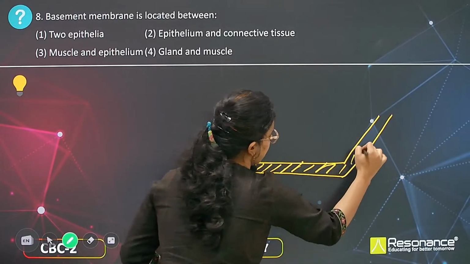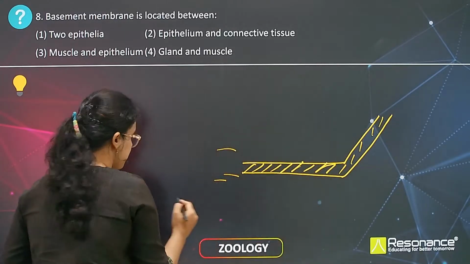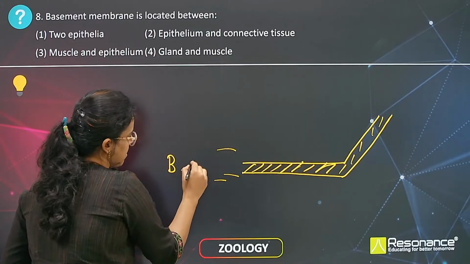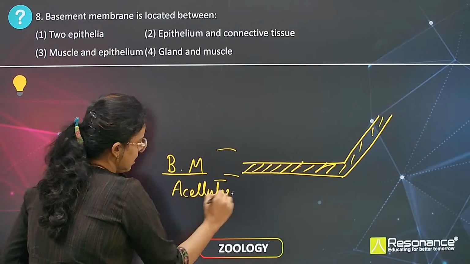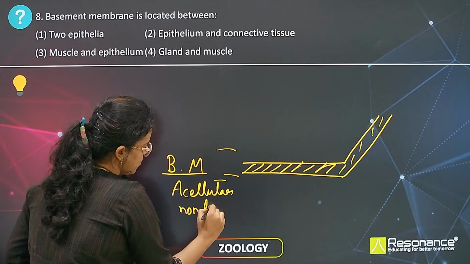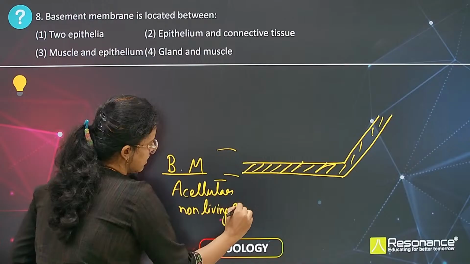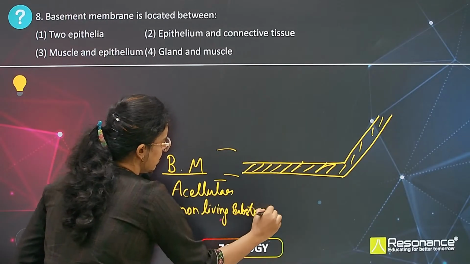Whenever we learn about the basement membrane, it is an acellular non-living substance, which means it doesn't have cells or any living component.